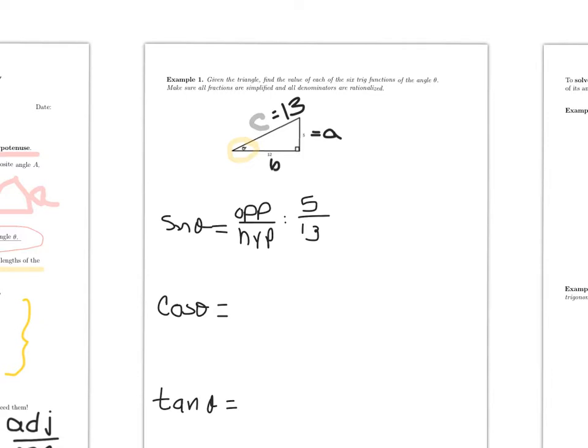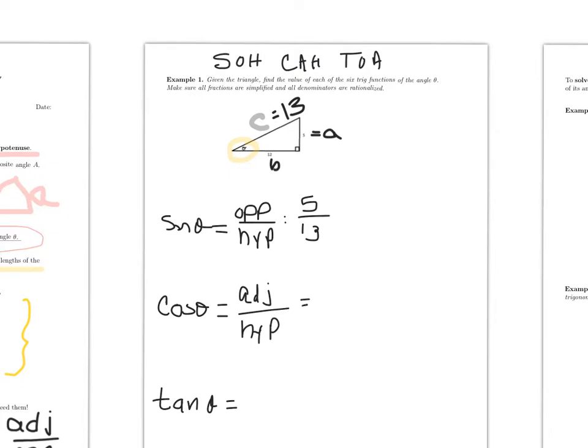The cosine of theta, SOHCAHTOA, if you need to write it up top to help. Again, it's just a memory device. CAH, cosine of theta, is adjacent over hypotenuse.